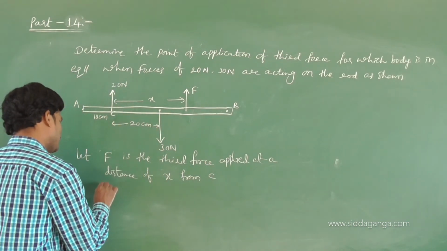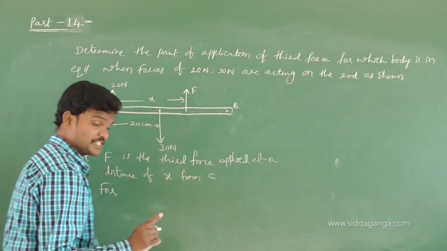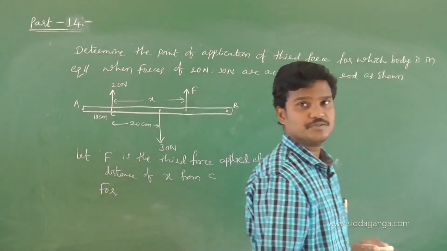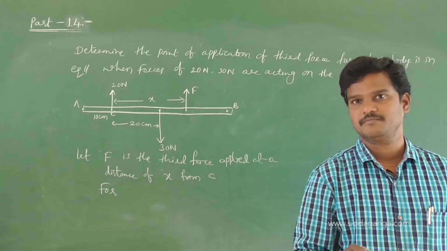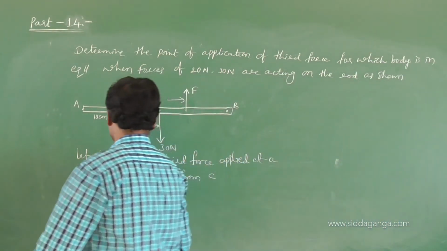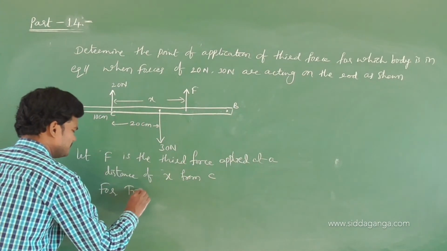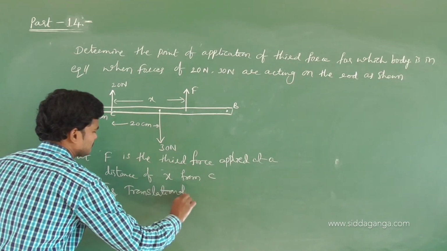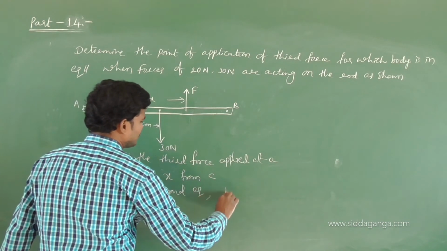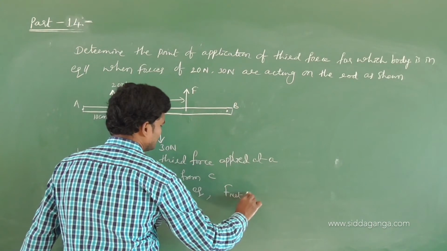Now for the rod to be in equilibrium, use two conditions. To solve this type of questions, use two conditions: translational equilibrium and rotational equilibrium. So for translational equilibrium, net force is 0.